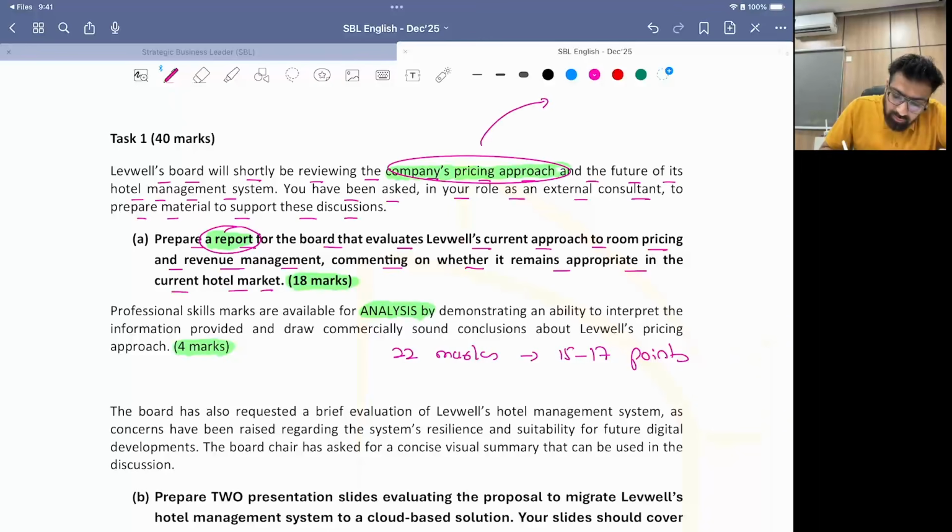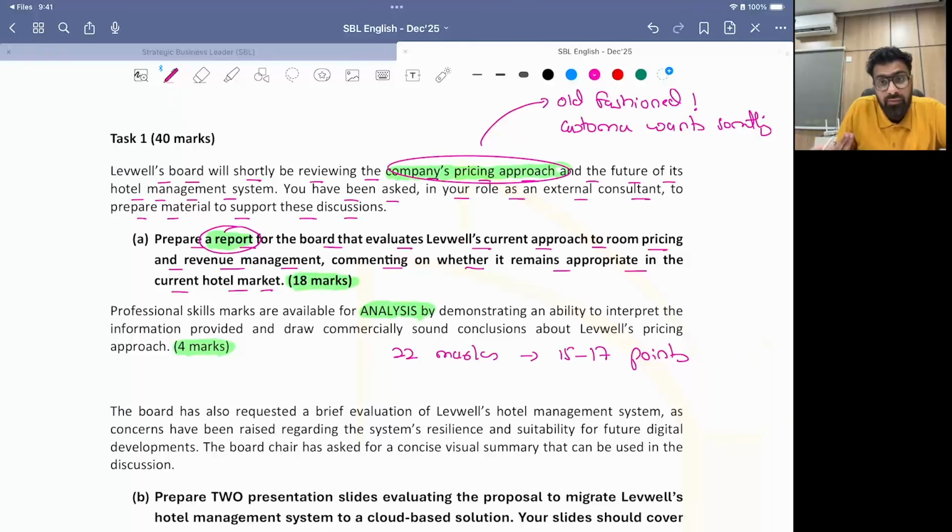It's quite simple: our pricing seems to be old fashioned, whereas the customer wants something else. And you have to evaluate whether the pricing is right or wrong.